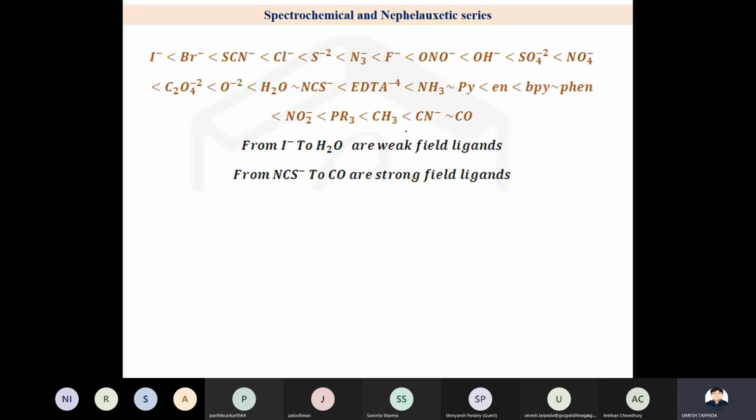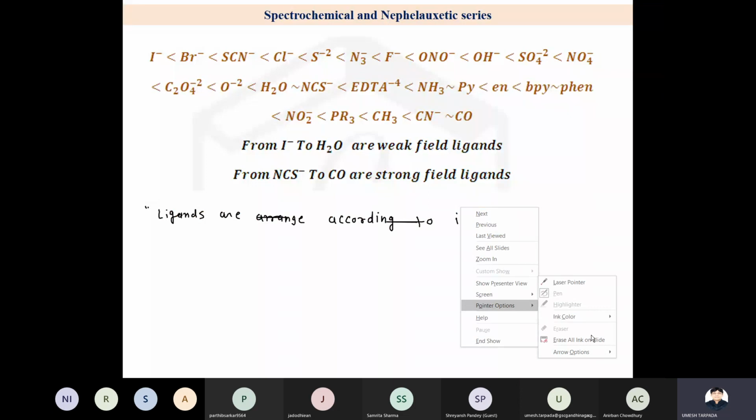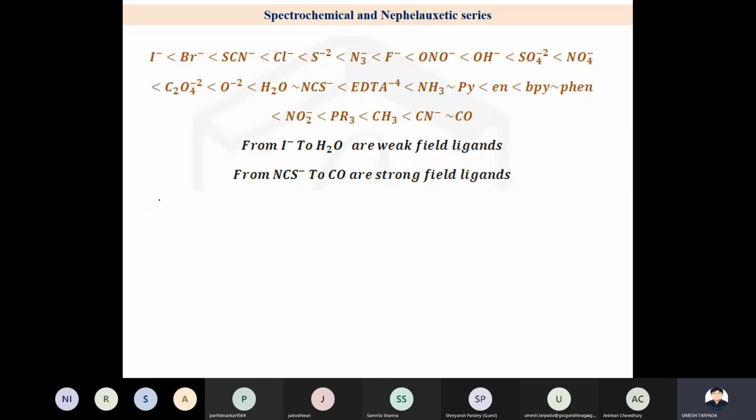Here, this series is written by taking increasing order.